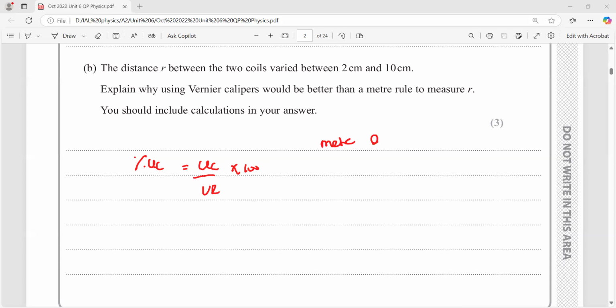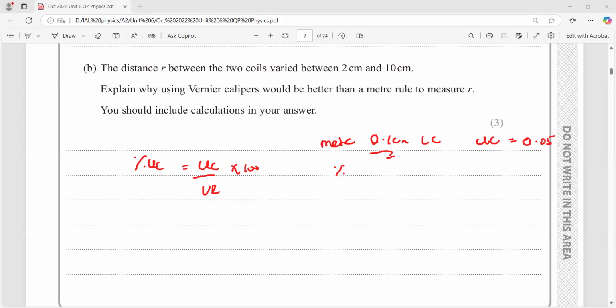The smallest value, or the least count, of a meter rule is 0.1. And what about the uncertainty? Uncertainty is half of the least count, or half of the smallest value which the instrument can record. So the uncertainty here will be 0.05, because 0.1 divided by 2 gives 0.05.